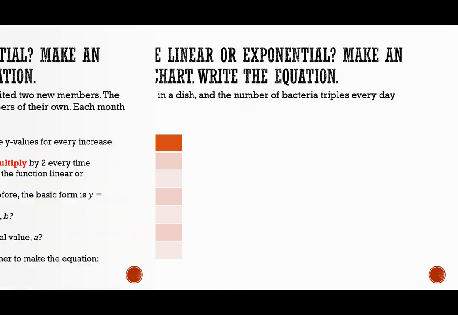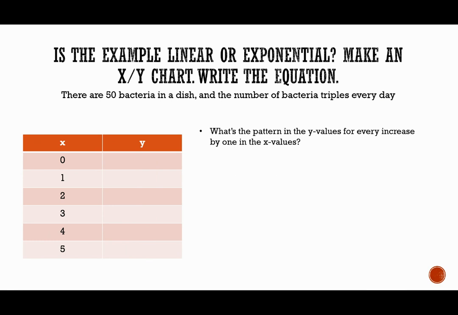Okay? So again, a similar example, what type of function am I dealing with? I have 50 bacteria in a dish, and the number of bacteria is tripling every day.